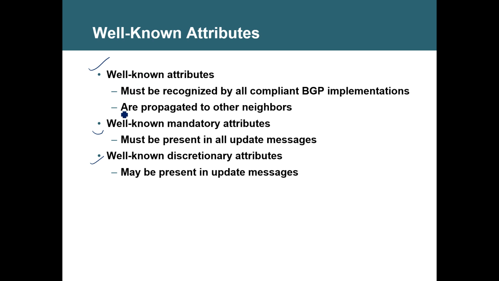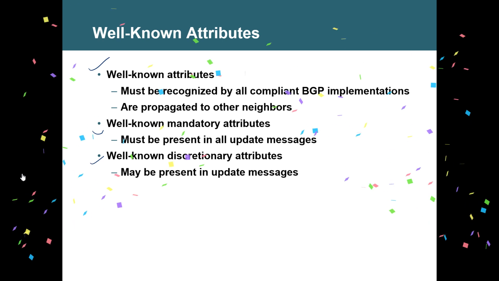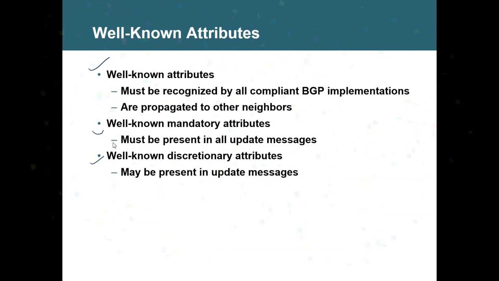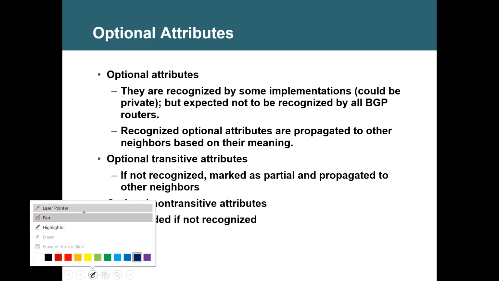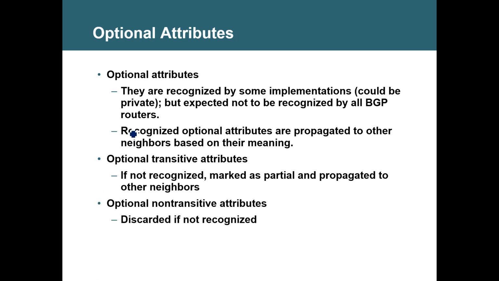Have a look, just take a minute and read, and if you have a question, let me know. The other one, optional transitive and non-transitive. The sentence may or may not convey the complete meaning of what I said. Just go through it and let me know once you are clear.